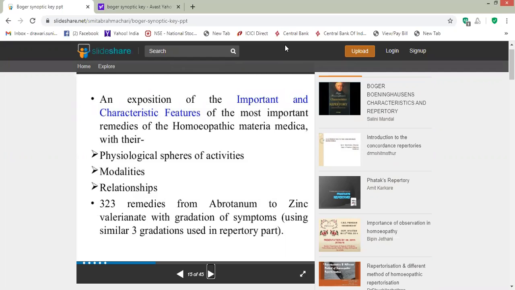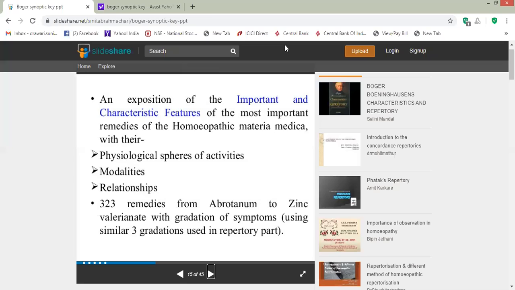They have mentioned the details from abrotanum up to zinc valerianate, and these remedies are given with gradation of symptoms using three similar gradations which are used in the repertory part.